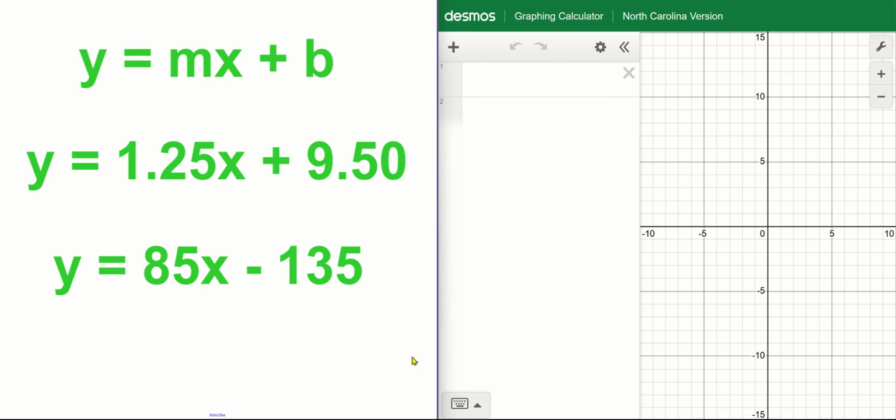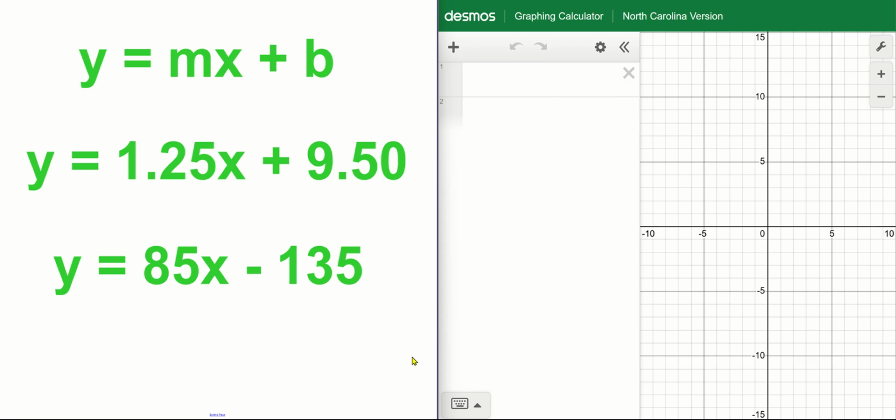Y equals 1.25x plus 9.50. Levi? Slope is the 1.25. The y-intercept is the 9.50.